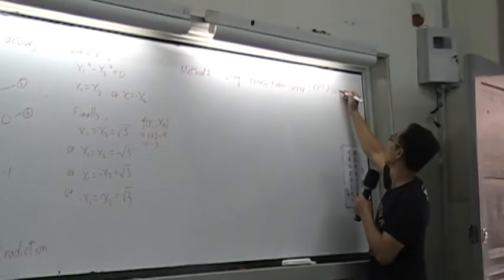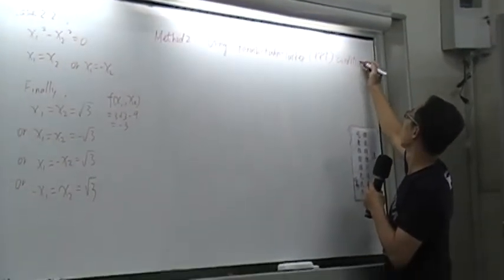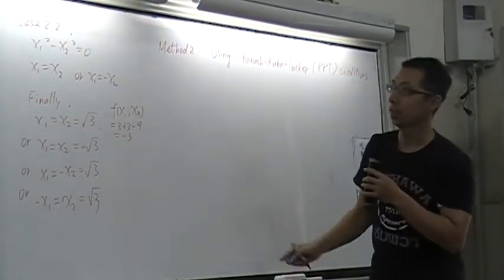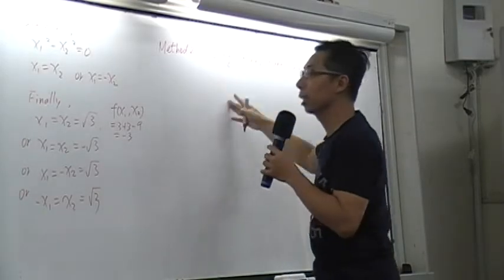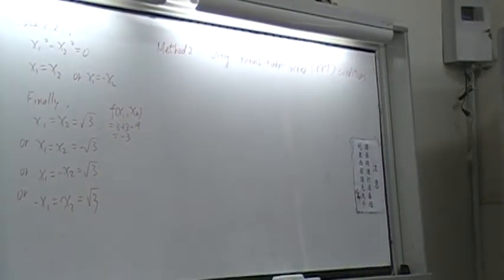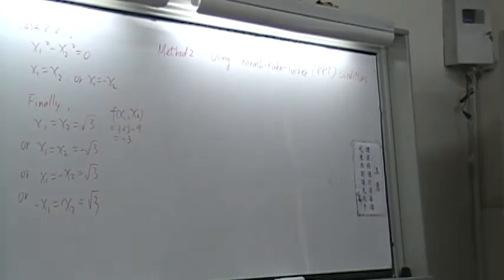KKT conditions. Okay, but actually, the KKT conditions are pretty similar to the first method. Okay, yeah. Let me just write it down, and you will see. Yeah, hopefully, you can see why it is very similar to the first method we have learned.